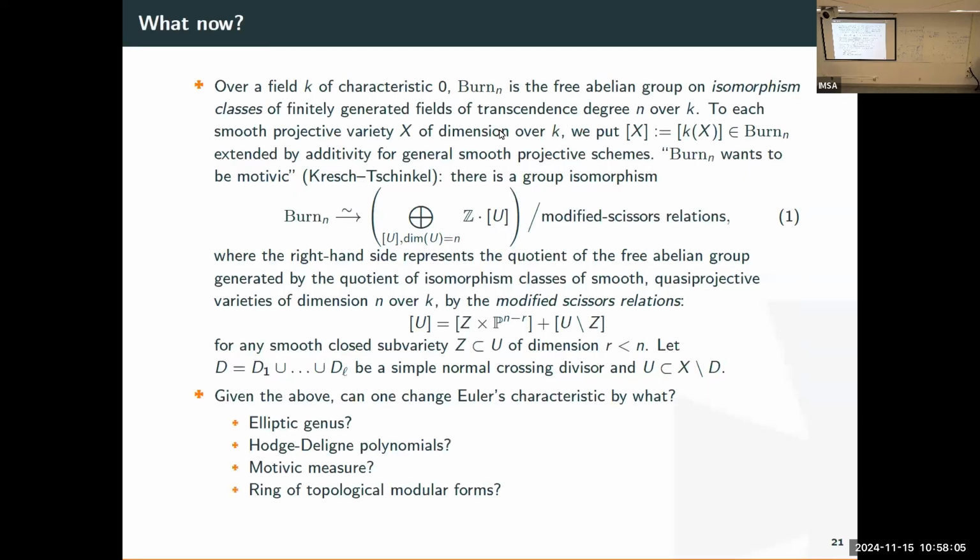So now, of course, this is just the simplest type of invariant you can put. I mean, first you say it's 0, then it's the Euler characteristic, but then you can get a little bit more serious. There are some topological modular forms, like the elliptic genus, which behave very well under blow-ups.